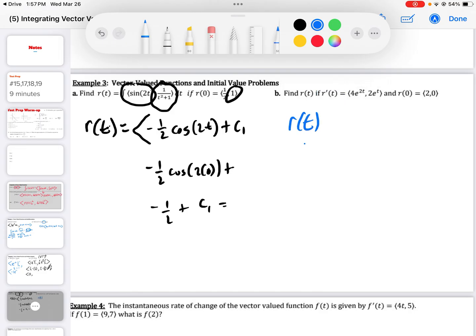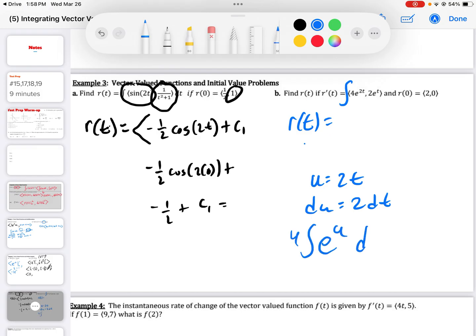So basically, find the antiderivative, integrate. So the antiderivative of that, okay, u is equal to 2t, du is equal to 2 dt. So this would be the integral of 4 e to the u du, but in the du there's an extra 2, so multiply by a half.